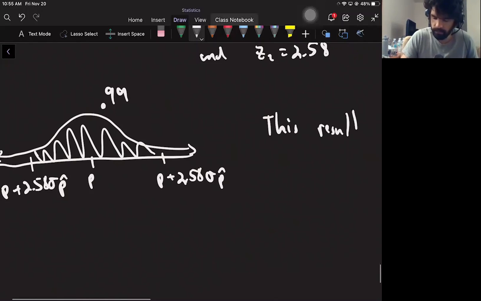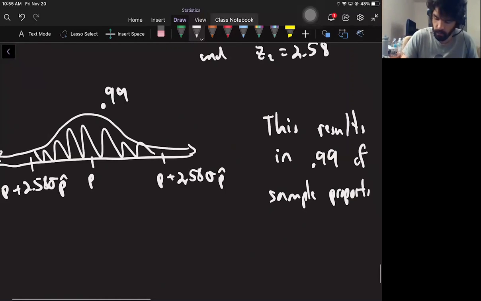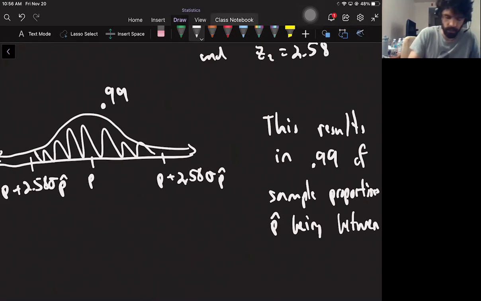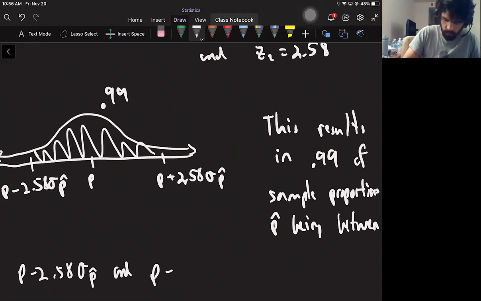So this results in 0.99 of the sample proportions that you could get, p hat, being between these two things. Oops, sorry, this one's a minus because I'm subtracting. Being between these two things, 2.58 standard deviations.